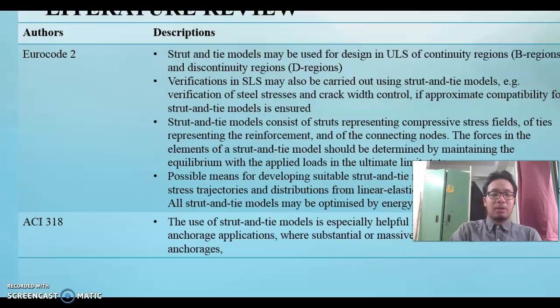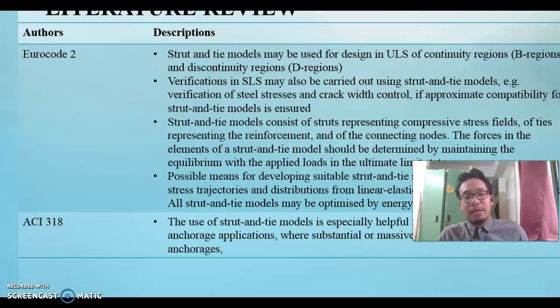According to Eurocode, strut and tie models may be used for the design in the ultimate limit state of continuity regions, which are B regions, and also discontinuity regions, which are D regions. Verification in SLS, which is serviceability limit state, may also be carried out using strut and tie models, for example verification of steel stresses and crack width control if approximate compatibility for strut and tie models is ensured.